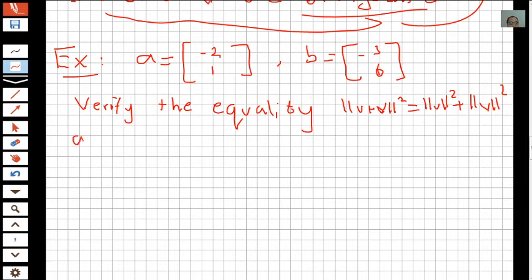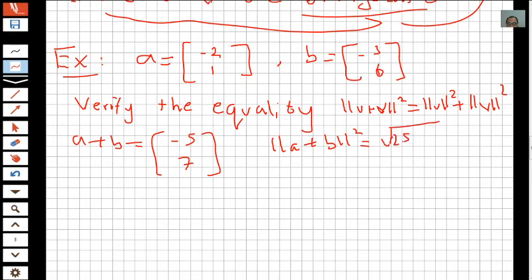So first we calculate a plus b, which is equal to (-5, 7), and the squared length of this one is equal to 25 plus 49, which is 74.